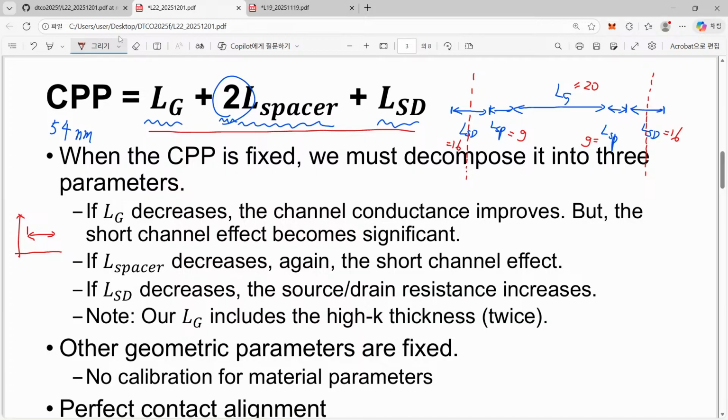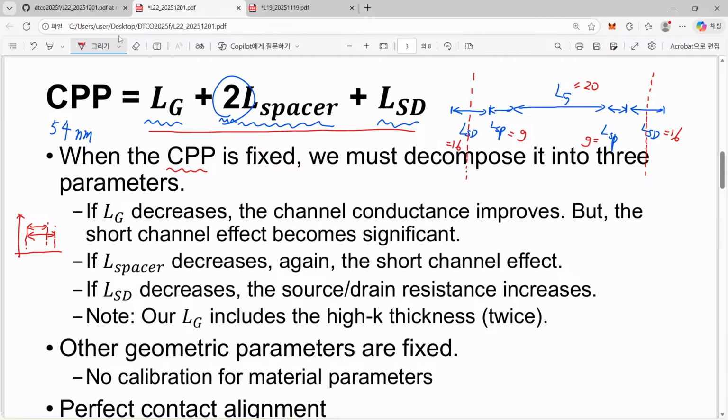So if we reduce CPP slightly, then also we can reduce the size of our chips slightly. So CPP is not determined by technology guys, but requested by our designers or customers. So when CPP is fixed, for example, at 54, then we must decompose it into 3 parameters.